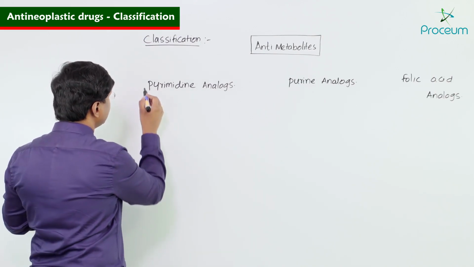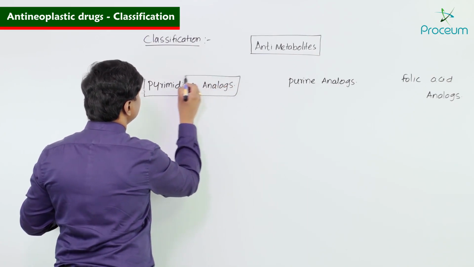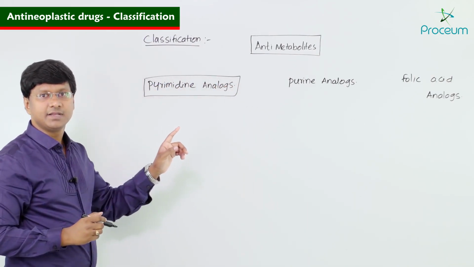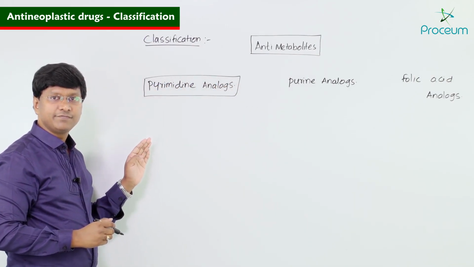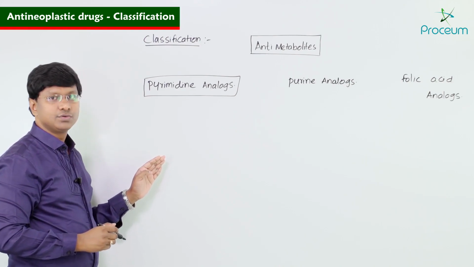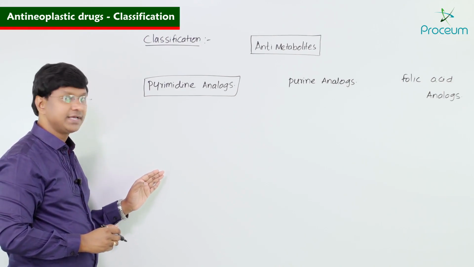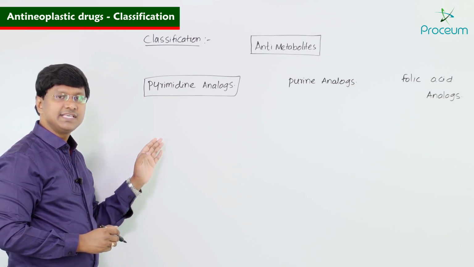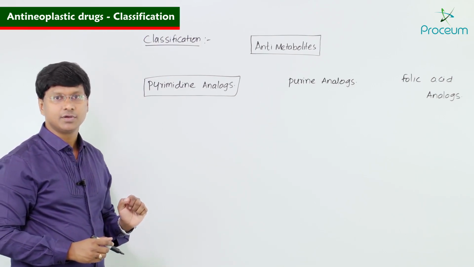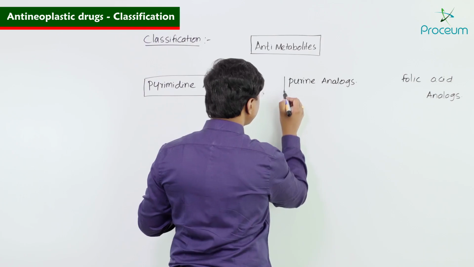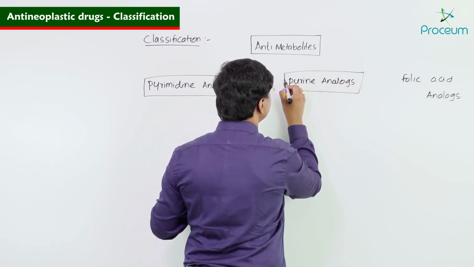Now you take the pyrimidine analogs. The drugs in the pyrimidine analogs include 5-fluorouracil, cytarabine, and then gemcitabine. So these three are your pyrimidine analogs. Next, you take your purine analogs.